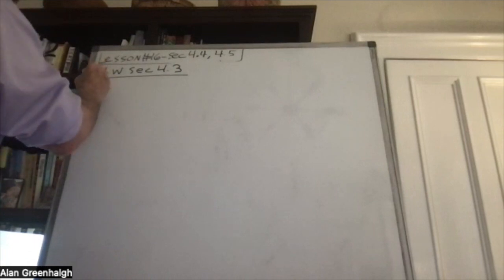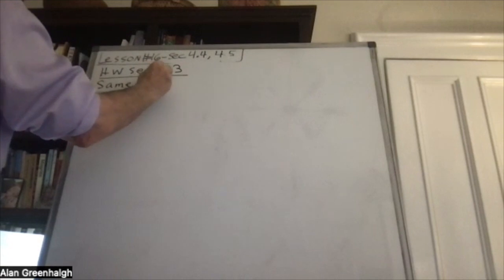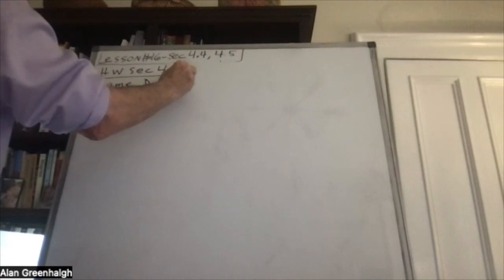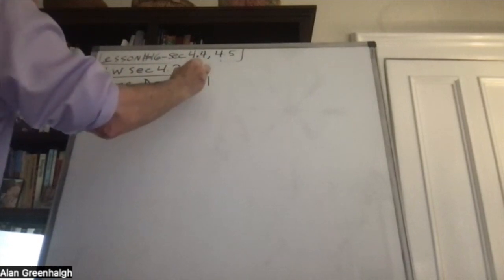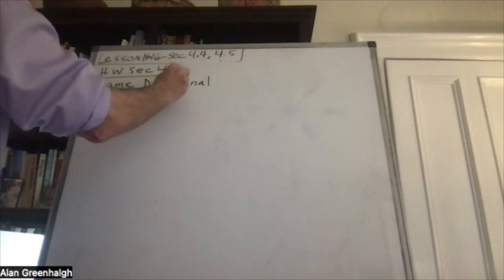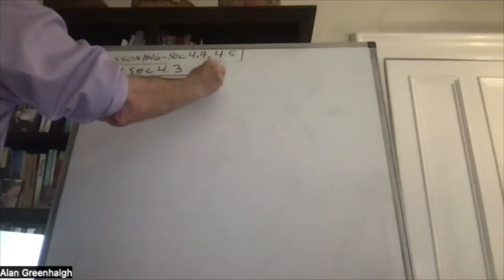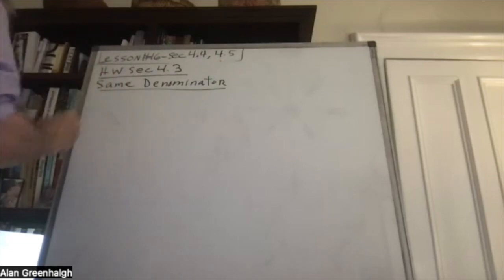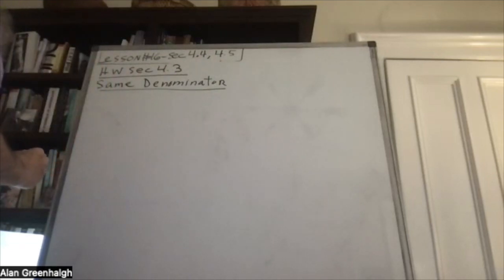All right, so the first thing we're adding are fractions which have the same denominator. This is my own indication here. It doesn't say this in the chapter. Same denominator.